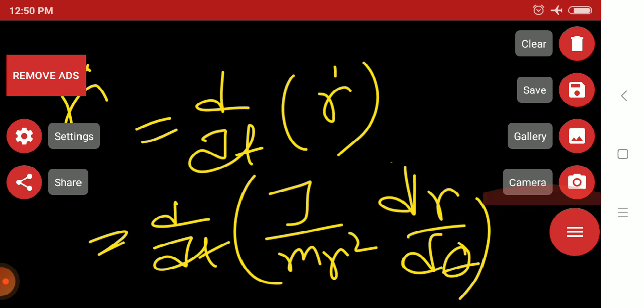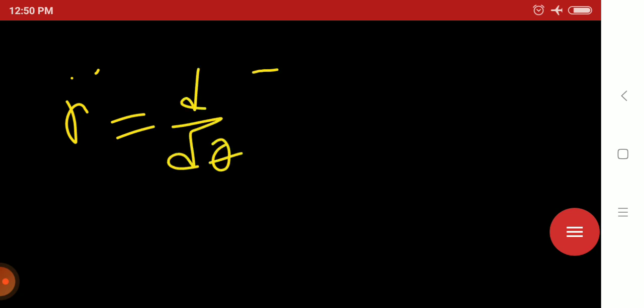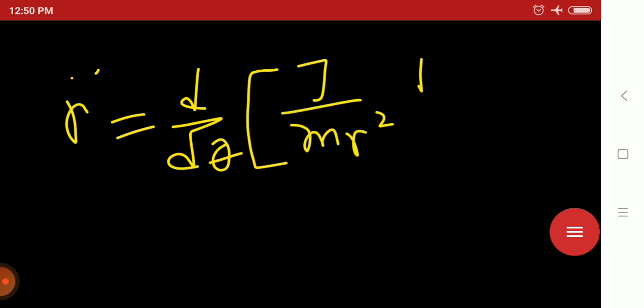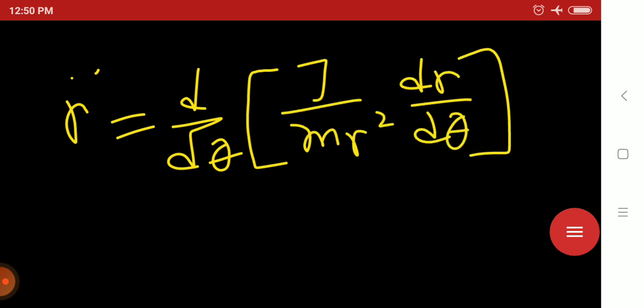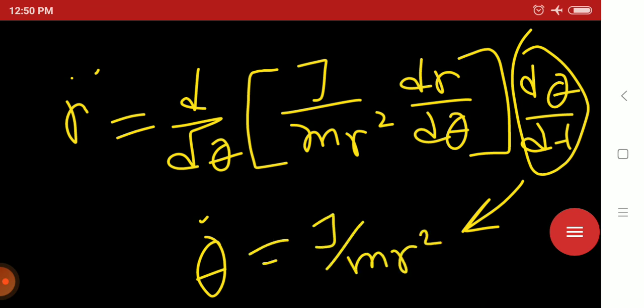It can be written that r double dot equals dd theta into d theta by dt, since ddt can be written as dd theta into d theta by dt. So dd theta of j by mr square dr by d theta into d theta by dt. Now d theta by dt is theta dot, that is j by mr square.